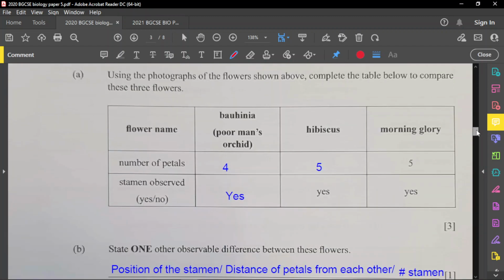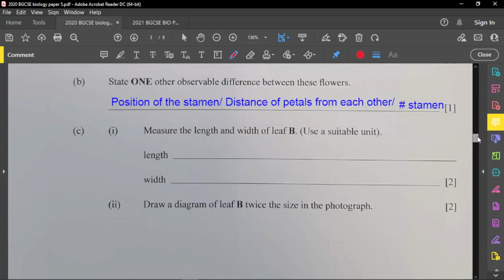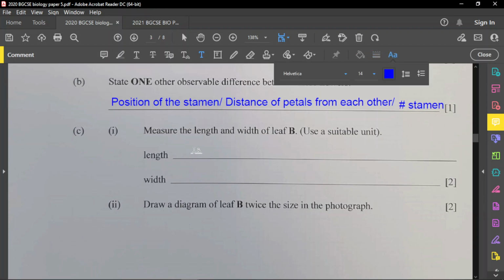And so I've done this measurement already, and so I have my values. What I got for the length was 1.8. I'm going to point this out again: 1.8. You can measure in centimeters, or you can measure in millimeters. 1.8 or 18 millimeters, right? So just make a note of that.